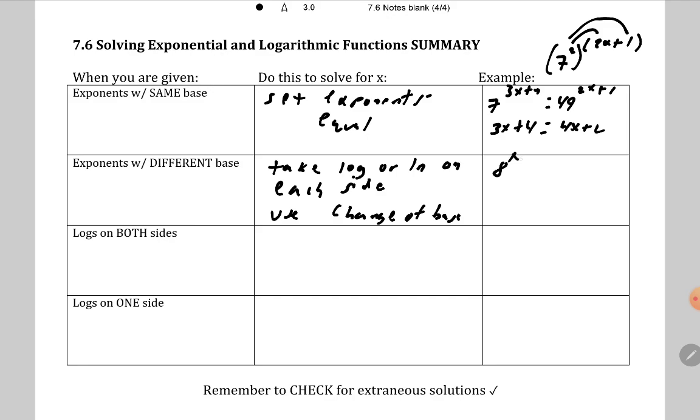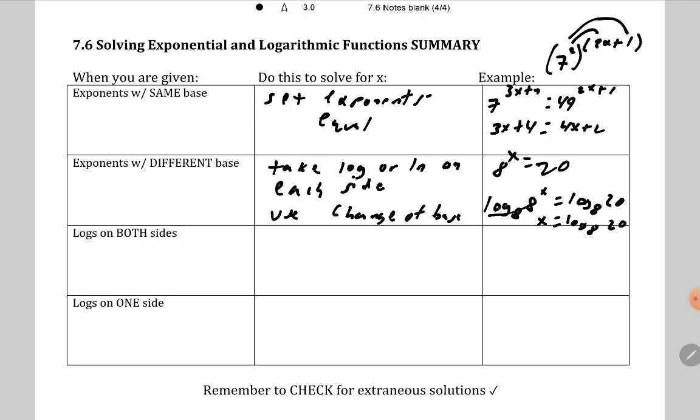So if I have 8 to the x equals 20, then I'm just going to use log base 8 to both sides. Okay. So these will cancel, and you're left with x equals log base 8 of 20. And if you wanted to use your calculator, you would do log of 20 divided by log of 8.